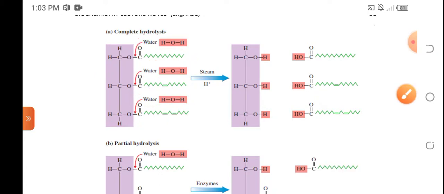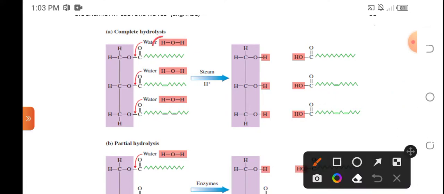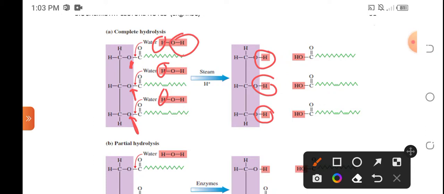So the mechanism is you're going to add the hydrogen of water to the glycerol part. So, dito sa O na yan. That's why we have it here. Makokompleto natin si glycerol. And the hydroxyl part of that water will be added to the acid part, which is the fatty acid. So, dito sa carbonyl group, mai-add itong hydroxyl group.